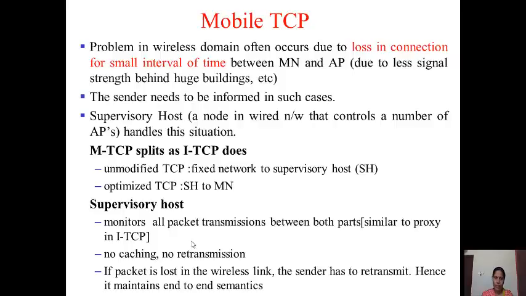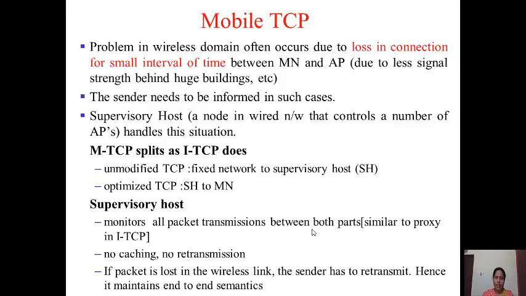So what is the role of the supervisory host? As I said, it just monitors all the packet transmission between the mobile node and the correspondent node. This is typically like the access point or the proxy in our indirect TCP. But one difference is that it does not buffer or cache any data transmitted between them, and it does not do any retransmission locally whenever there is a loss in the connection.